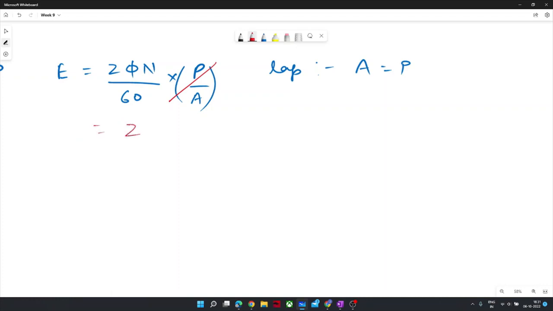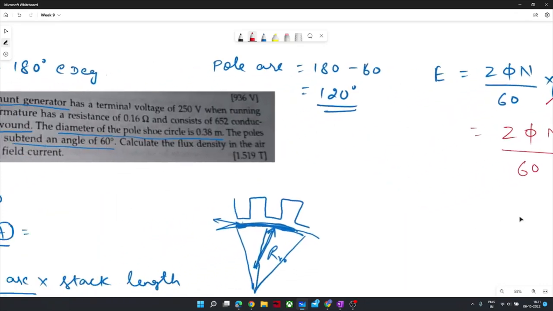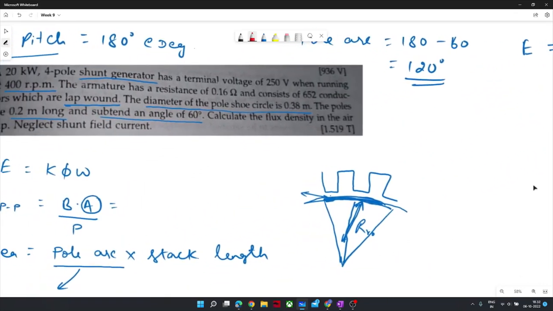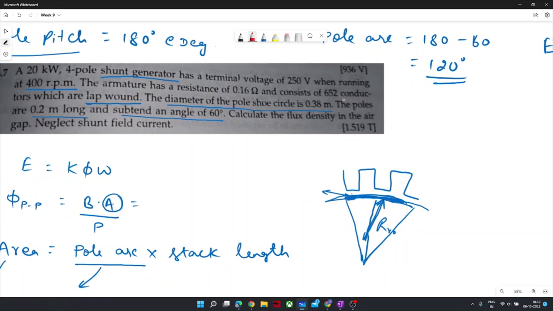So now we are left with only Z phi N by 60, and the number of conductors are given. 652 conductors are given. Okay, so Z we know, phi we can compute from there. N is also given 400 RPM, and E is not given, but E we can compute from a KVL equation. Since it is a generator, so E is equal to V plus IA RA.